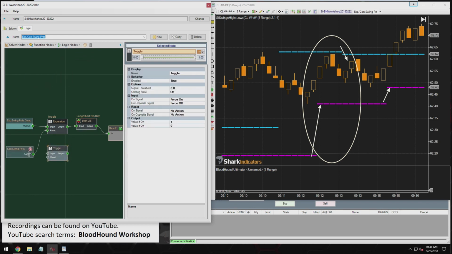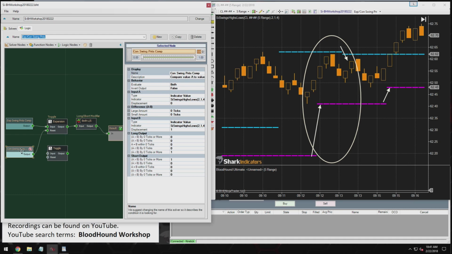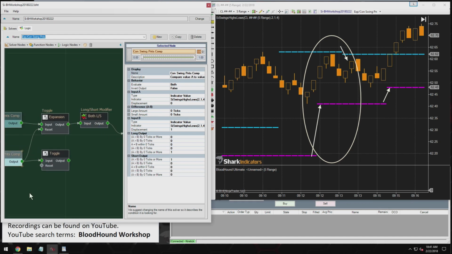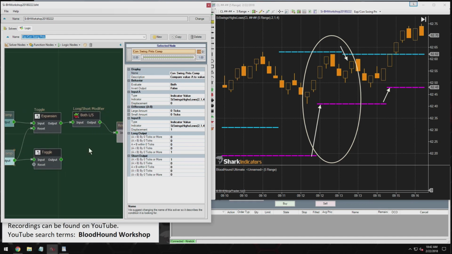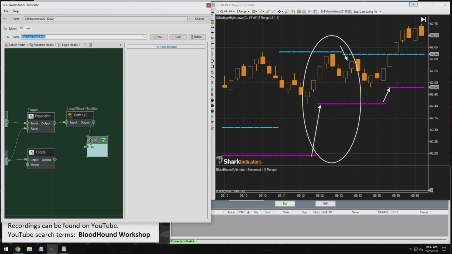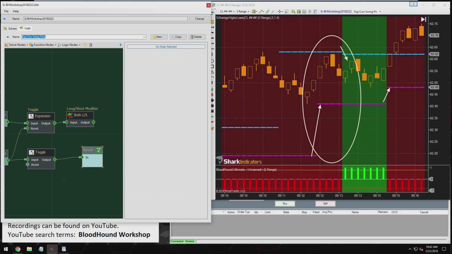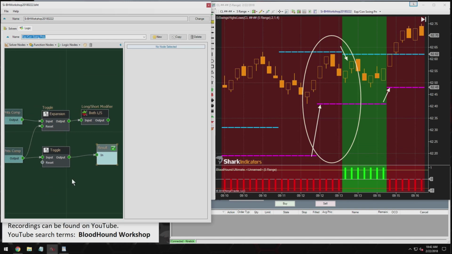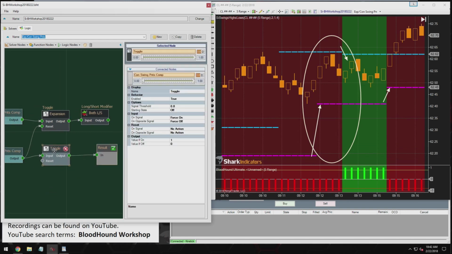We're going to plug this contraction solver into the input there. Let's zoom in. And actually, let's connect this toggle node to the result node so we can see what's going on in the chart here, like so.